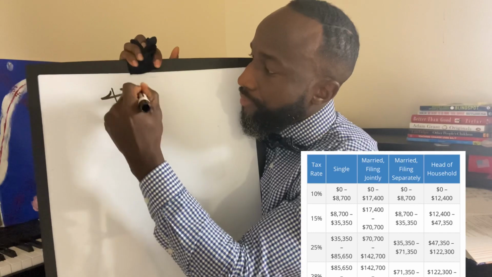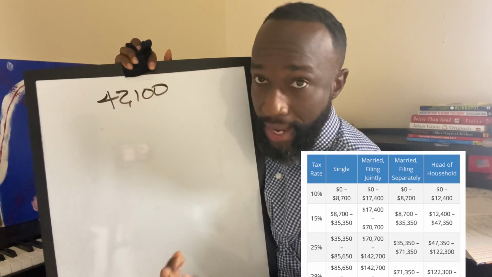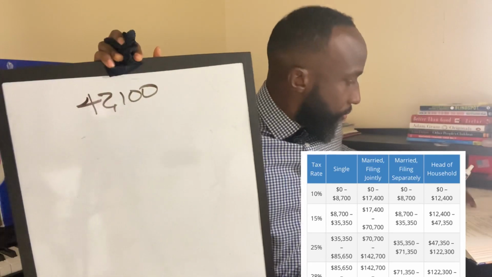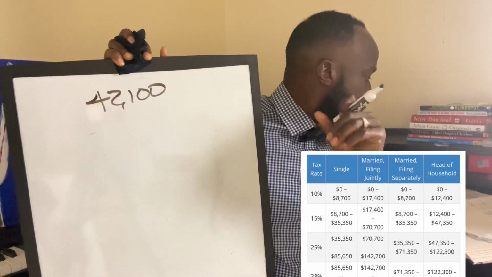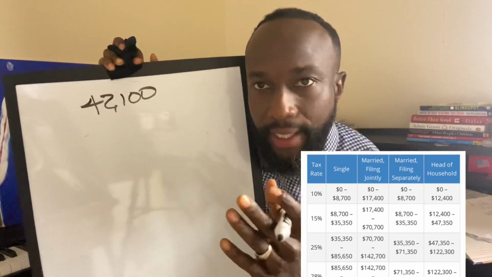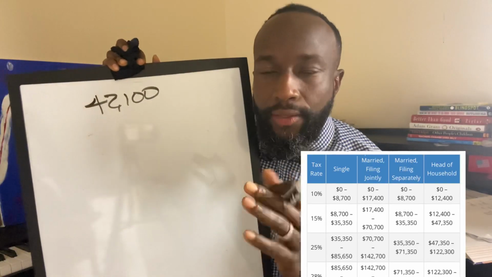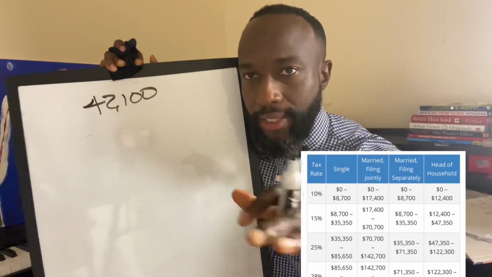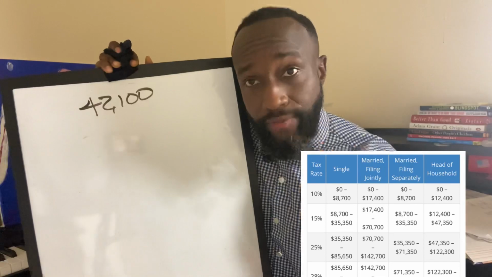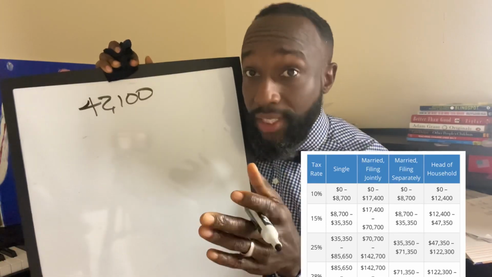Now we're going to get ready to do the math. The first bracket goes from $0 to $8,700. If you make from $0 to $8,700, you pay 10% in income taxes.